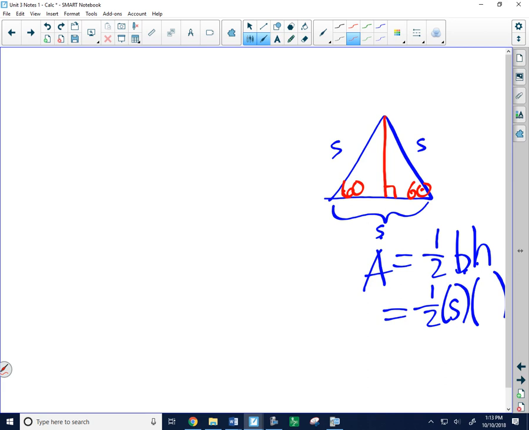Now this one up here, I split it. So it's 30 and 30. And the height went straight down at a 90-degree angle. The way we're going to do this is 30, 60, 90, the pattern from geometry. And you probably did it in pre-calc when you were developing the unit circle. You probably started by doing 30, 60, 90 triangles to get the pattern.